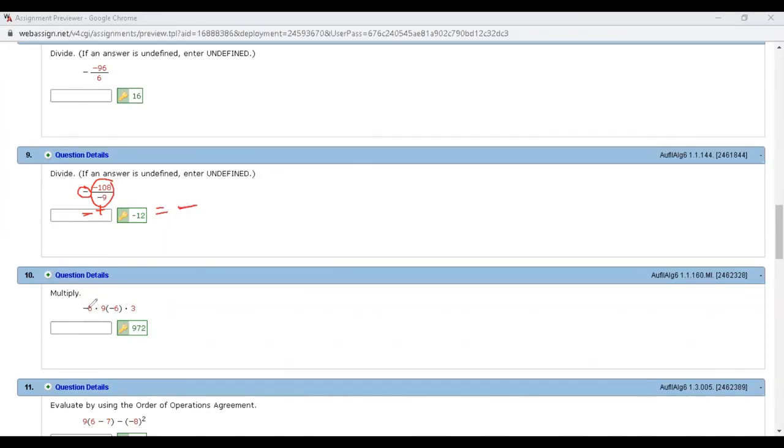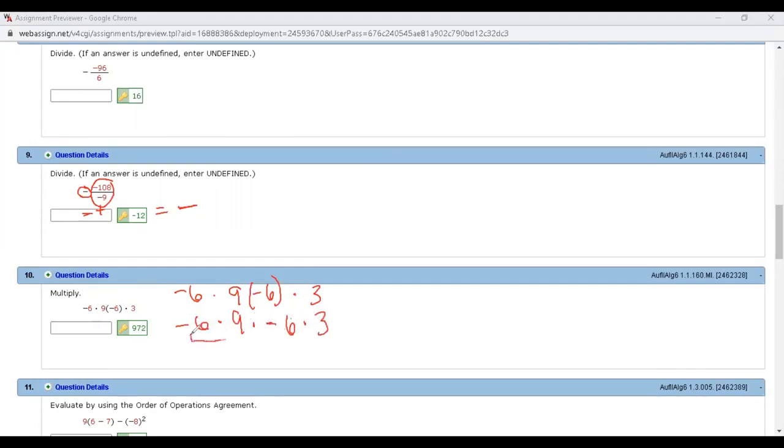Looking at number 10, we got negative 6 times 9 times negative 6 times 3. We can do our multiplication from left to right.